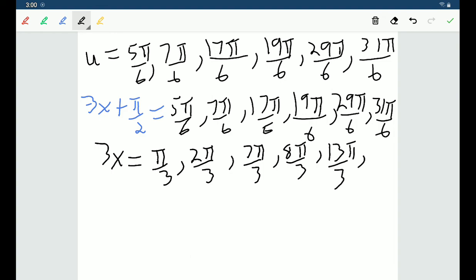And the last one, 31 pi over 6 minus pi over 2, is 14 pi over 3.